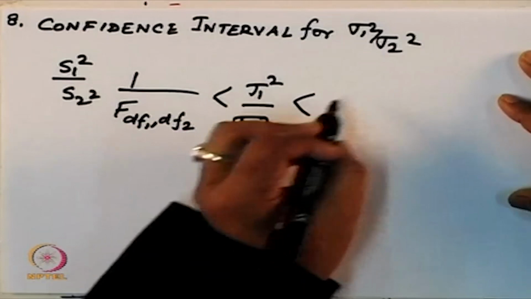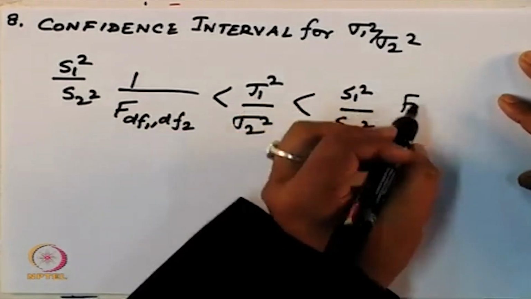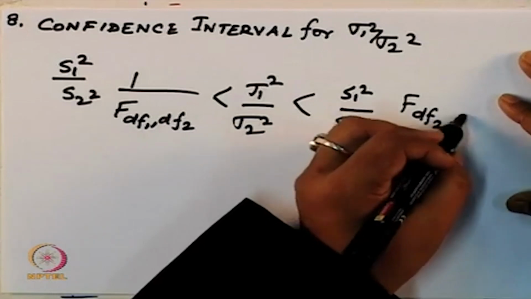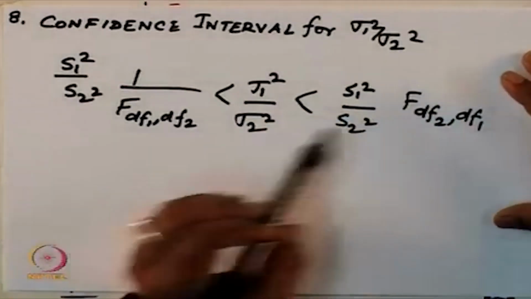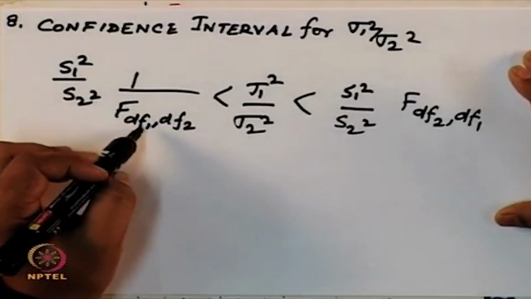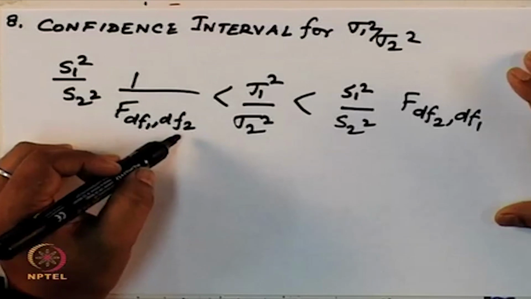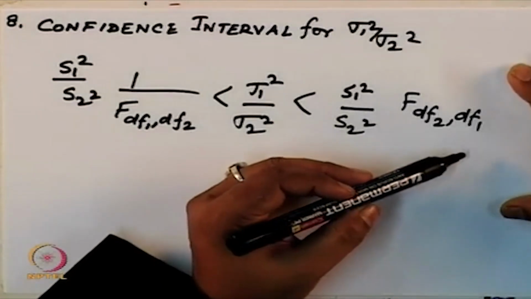What you see are two different terms: s1 square by s2 square into 1 by capital F of df1 comma df2, and the other one is F of df2 comma df1.